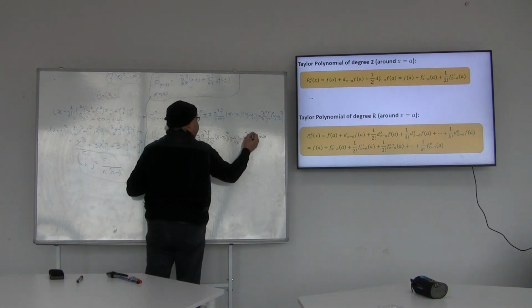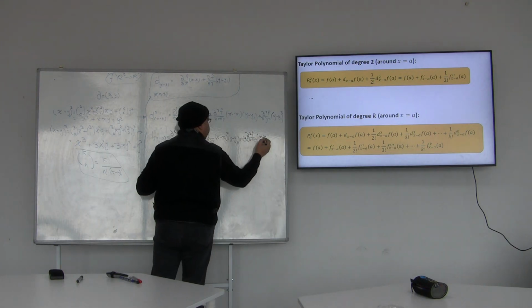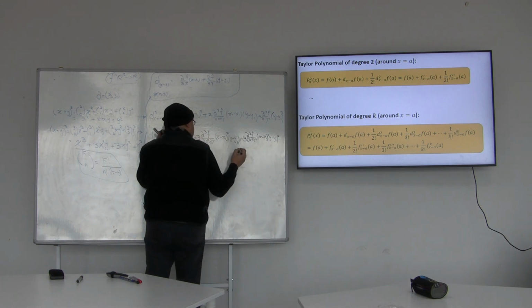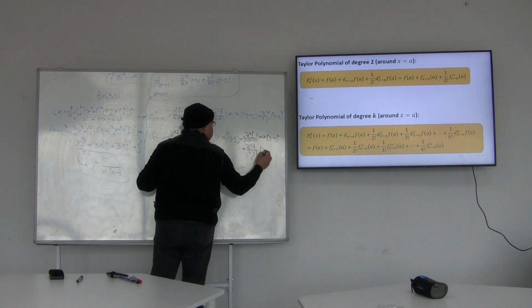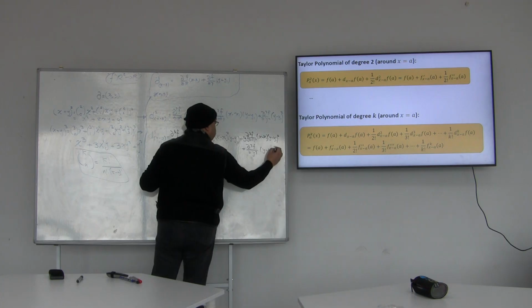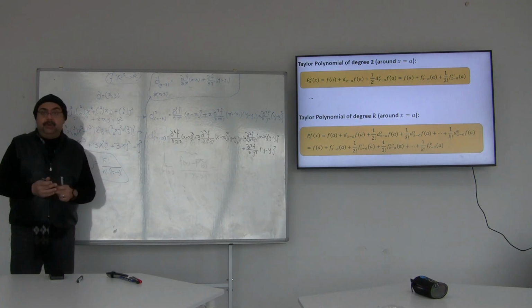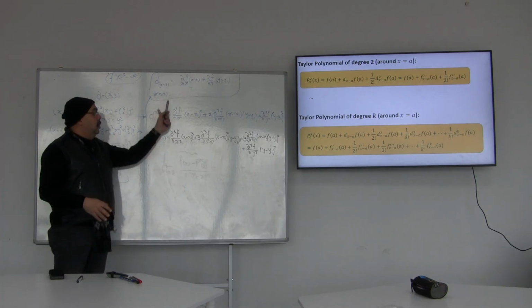So it's going to be partial 3 of f, partial x, partial y squared, times (x minus x1) times (y minus y1) to the power of 2, and then finally partial 3 of f, partial y cubed times (y minus y1) to the power of 3, and so on. If you want to have more terms, you will have to grow like this.